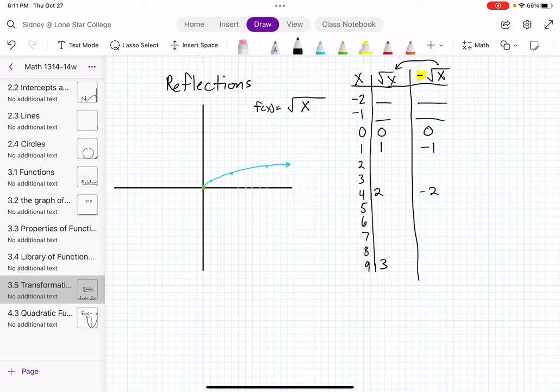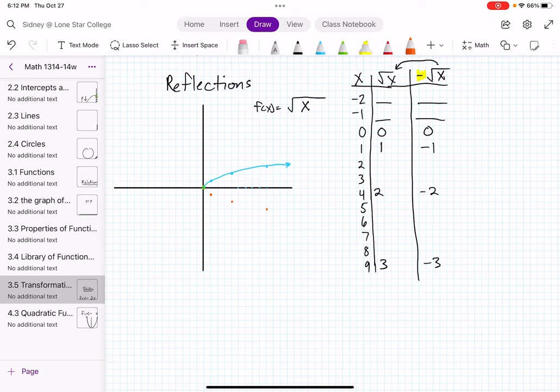Likewise, the square root of 9 is 3, so negative square root of 9 is -3. So simply putting a negative sign outside that square root changes things up. When you have an x value of 1, the output is then going to be -1. Right there. When you have an x value of 4, negative square root of 4 is -2. And similarly, we get -3 right there.